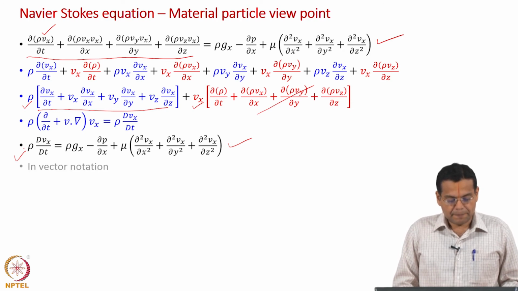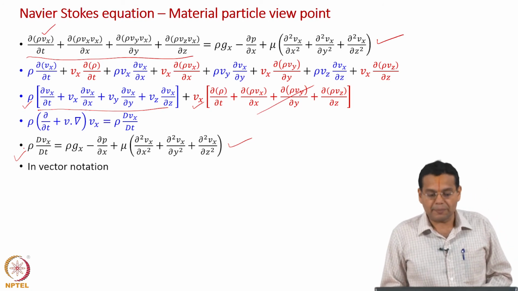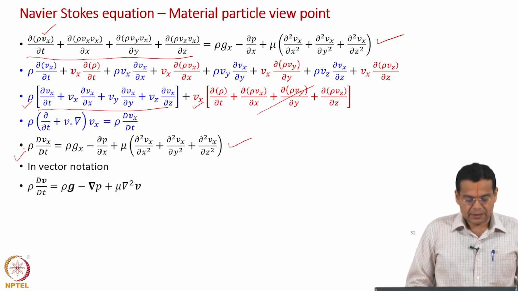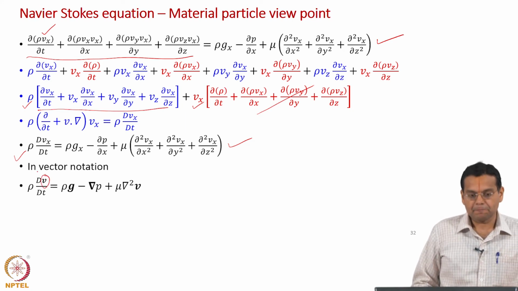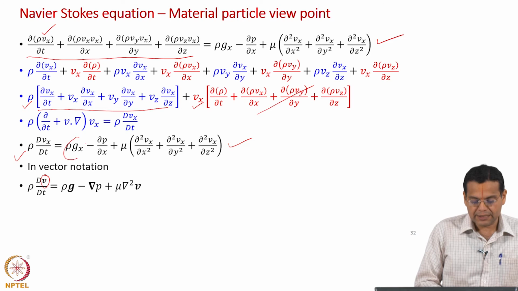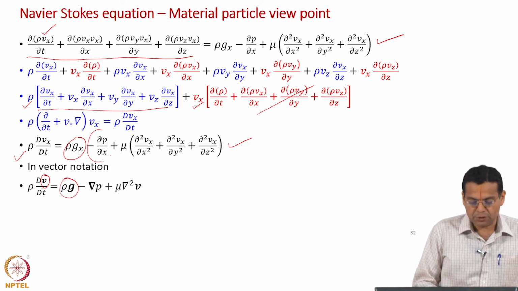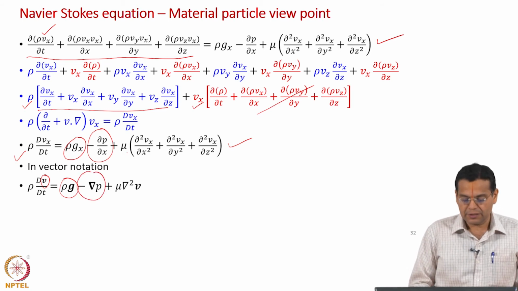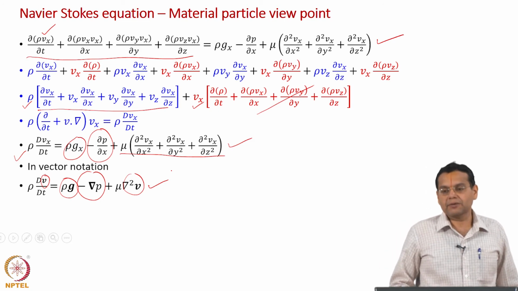And in vector notation you can represent still more compactly. We have rho D v vector by dt, instead of rho g x we have rho g vector, and instead of minus dou p by dou x we have minus gradient of p, and of course, here we have mu del squared v vector. So, very compact notation of the Navier-Stokes equation, okay.